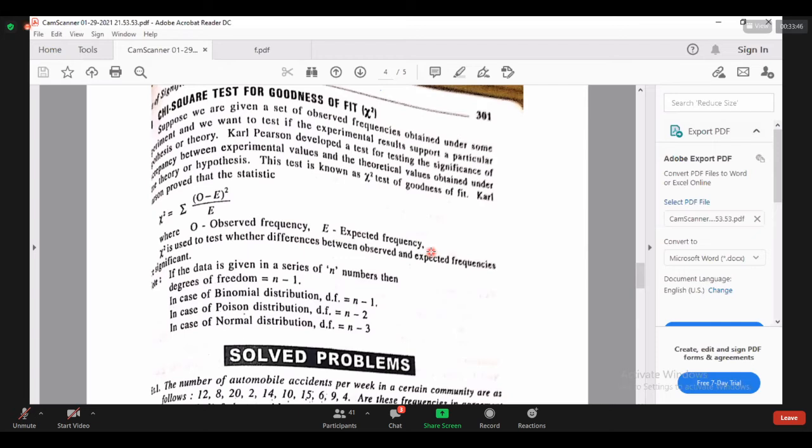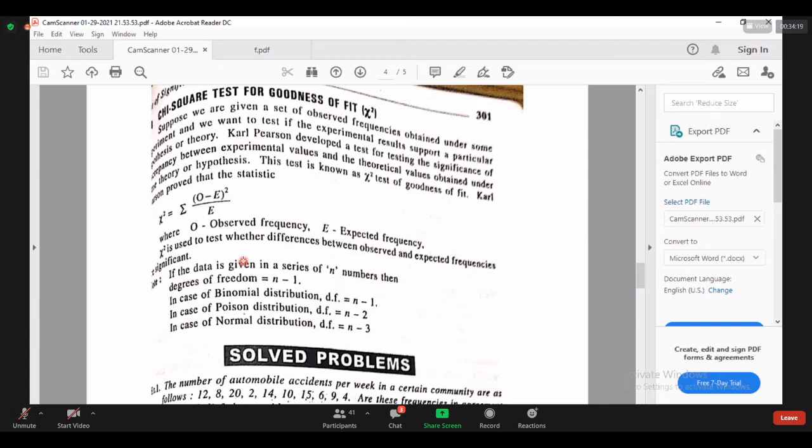The chi-square test is used to test whether there is a difference between observed and expected frequencies. That means theory and practicals: theory values are expected, practical values are observed. We have to test that there is no difference between theory and practicals.